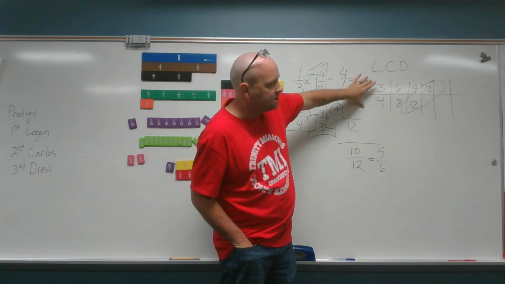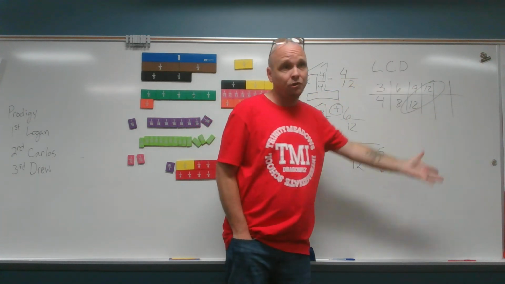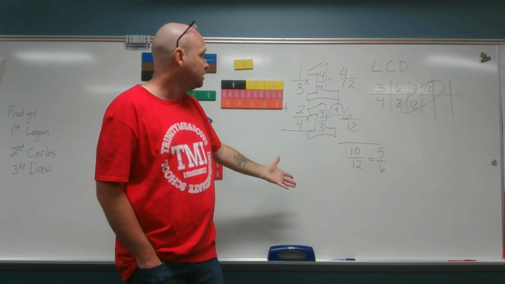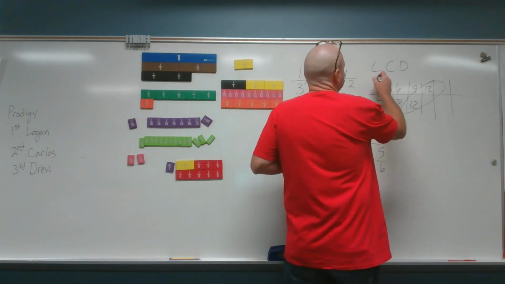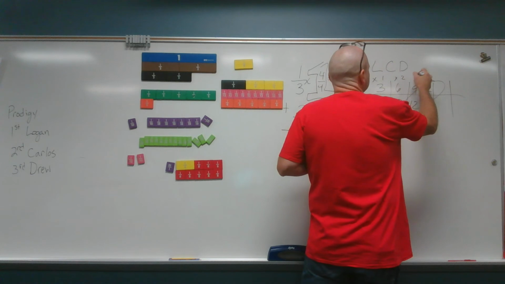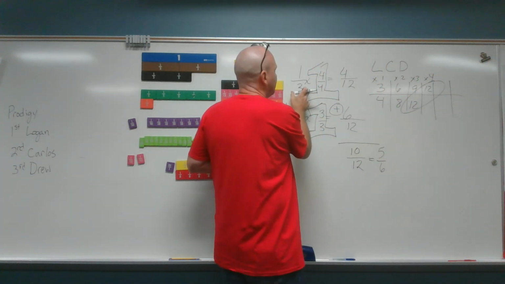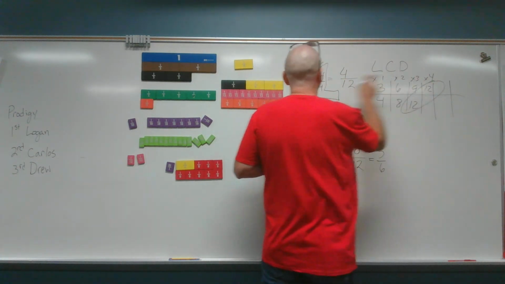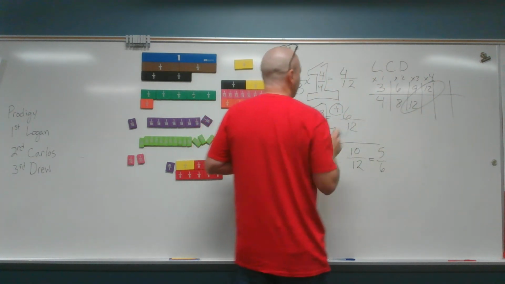You can find at least a common denominator. Pretty easy. You can list your multiples. You can use a multiplication chart for that. Once you find the common denominator, I can put times 1, times 2, times 3, times 4. It tells me that 3 times 4 equals 12. It tells me that 4 times 3 equals 12.